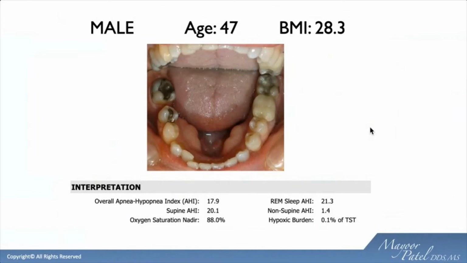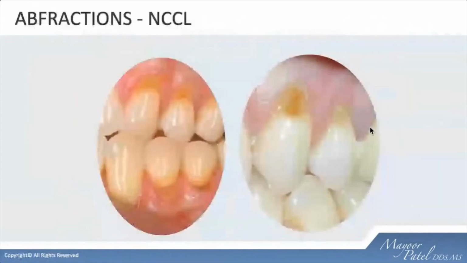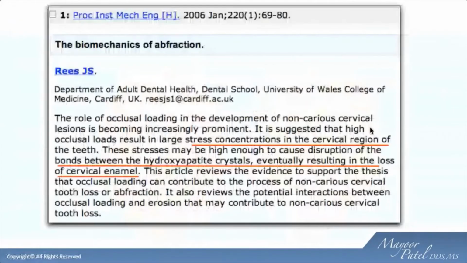But another thing that's also clinically quite relevant is these non-carious cervical lesions. Many times we may blame the patients for brushing aggressively, and I would agree if they had these lesions on all their teeth, as opposed to isolated teeth, then it may be something else that's driving it. We do understand that this force concentration at the cervical area, because of clenching or parafunctional behavior, causes flexure of these teeth, leading to the loss of hydroxyapatite crystals and those lesions.